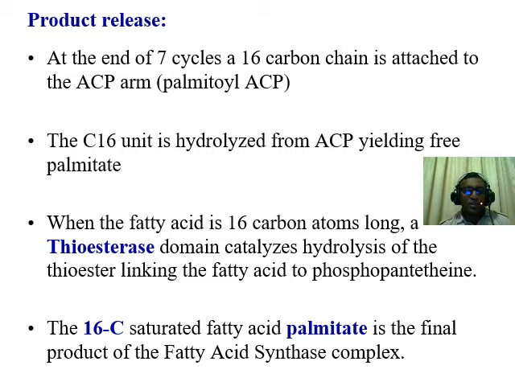Thioesterase will perform the final step where it will release the palmitic acid from the fatty acid synthase.